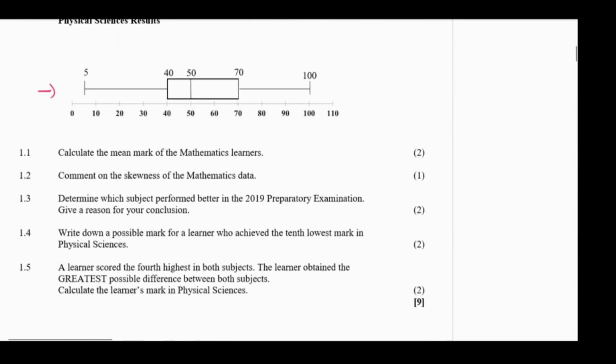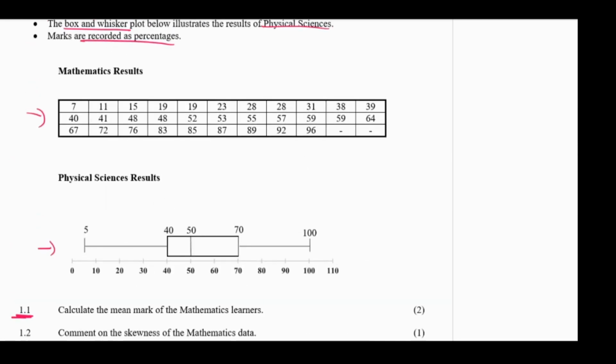Now in 1.1, we are asked to calculate the mean mark of maths learners. We have these marks for maths, and to find the mean, we know that it is the total marks divided by the number of learners.